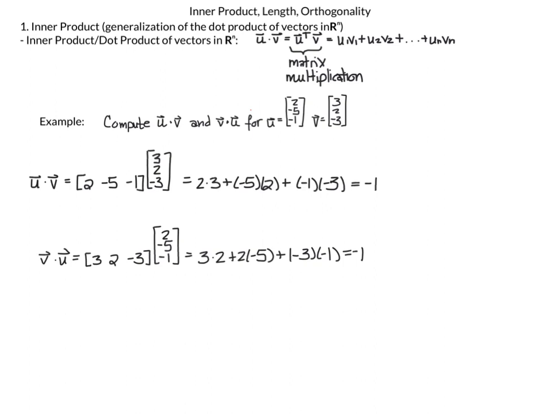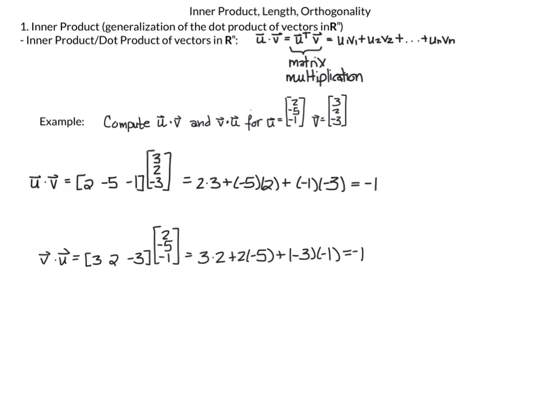Our first example is to compute U dot V and V dot U for U equal to 2, -5, -1, and V equal to 3, 2, -3. So here we have U dot V, so we can take U transpose, which is 2, -5, -1, and multiply it by 3, 2, -3. And by matrix multiplication, that will equal -1.